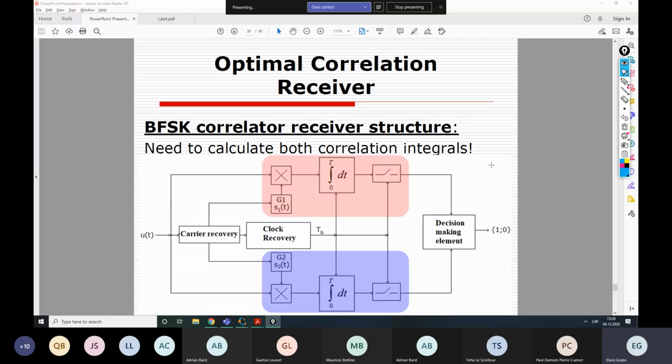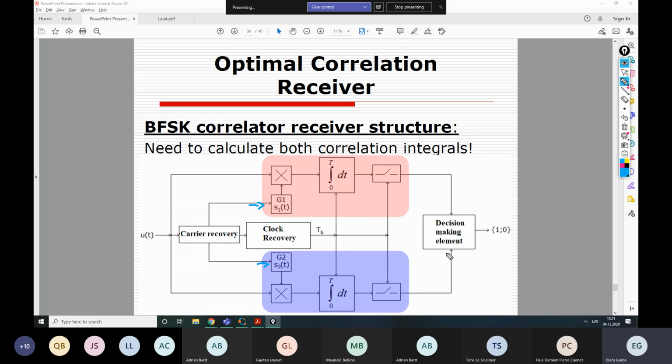So let's go to the frequency shift keying correlator. Now we have completely different signals with different frequencies, and we need to recover both correctly. Also, we have two correlation integrals, as per theory, and the decision is made by comparing the results of both correlators between themselves rather than to some threshold.